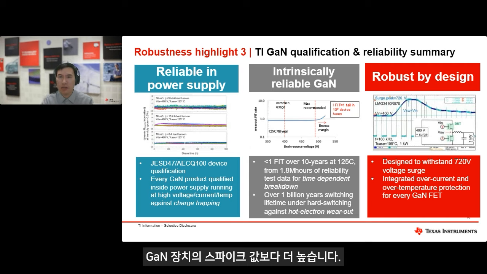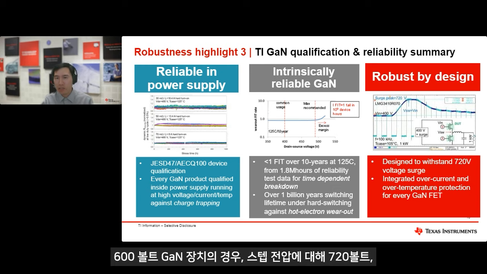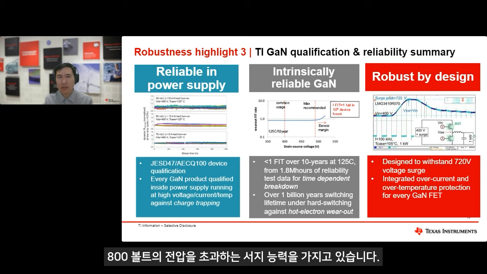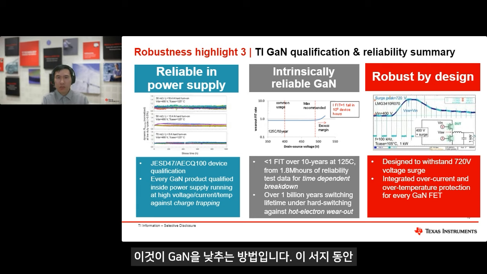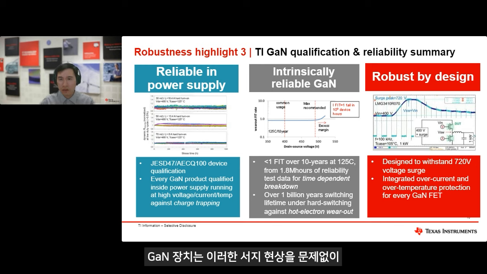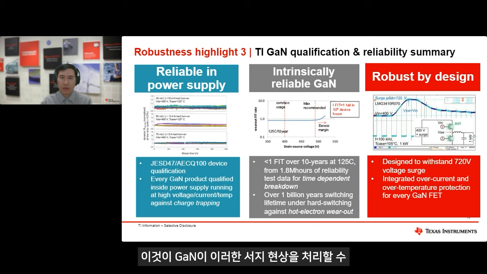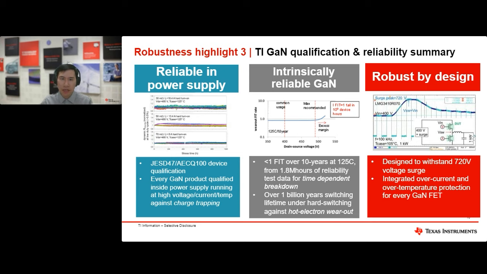For example, for our 600 volt GaN devices, we have surge overvoltage capability up to 720 volts for the step voltage and 800 volts for ringing. So as long as you can keep your link voltage below 720 volts during this surge, the GaN device can handle the surge event without any issue. This is the way for GaN to handle surge, so you do not need to worry about that.